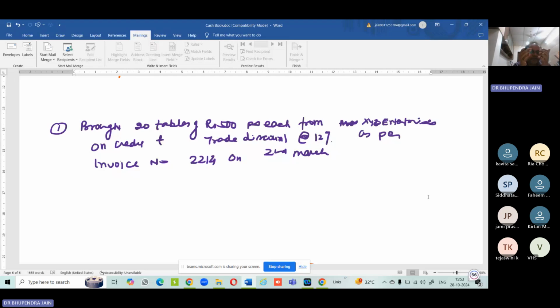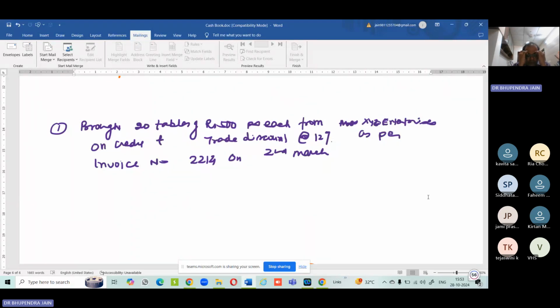If the transaction is a credit purchase, then we will prepare the purchase day book, otherwise it is not required. In most cases, there is no requirement to prepare the purchase day book, because the purchase day book is not very important in the online era.